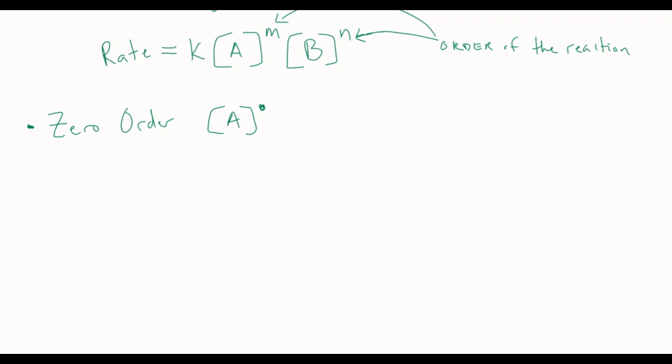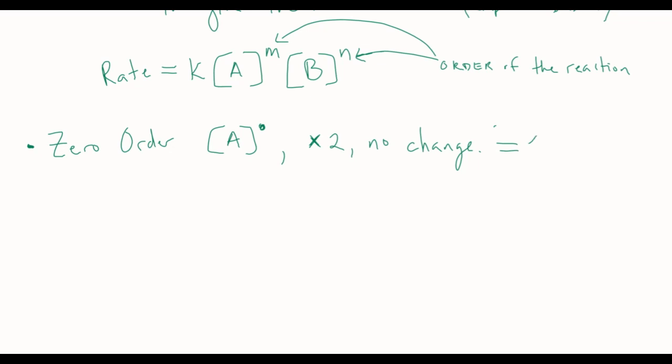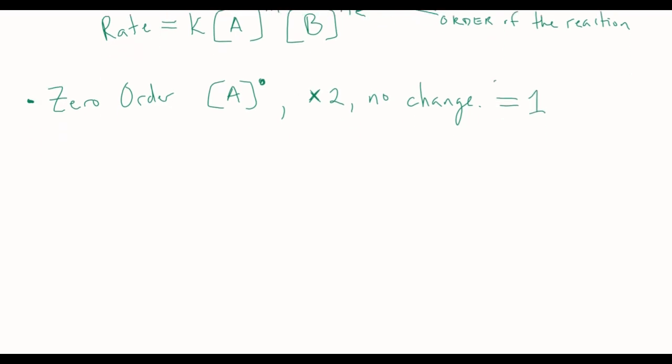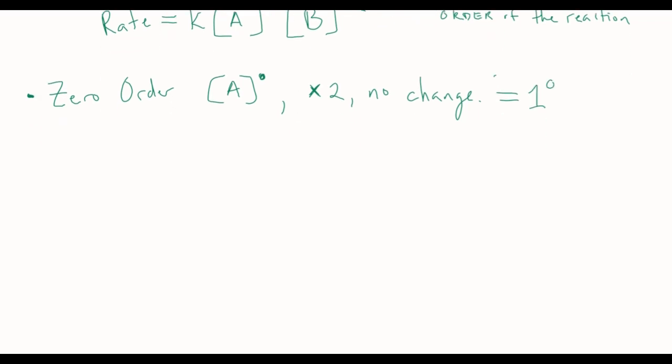So if you changed this reaction and multiplied A by 2, there's actually going to be no change here. Why is this? It's because anything to the 0 power is going to be 1. If I take 1 to the 0 power, that's 1. 2 to the 0 power, that's still 1.